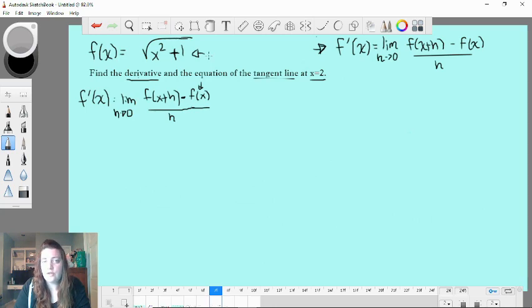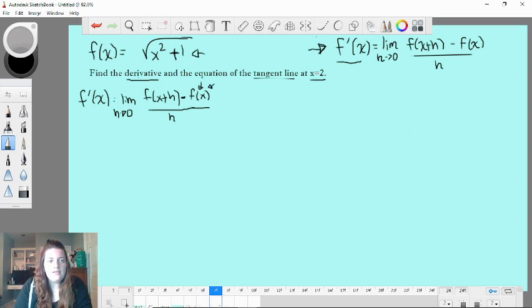I'll try to do it slowly so it's not too difficult. Again, our formula for f prime of x, your first derivative, equals the limit as h approaches 0 of f of x plus h minus f of x, all divided by h.